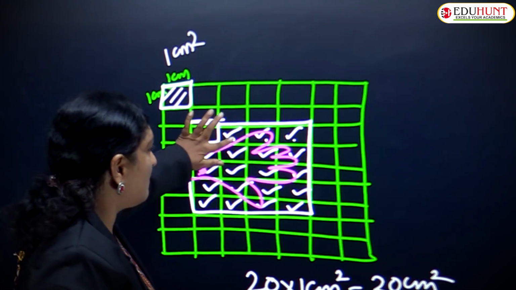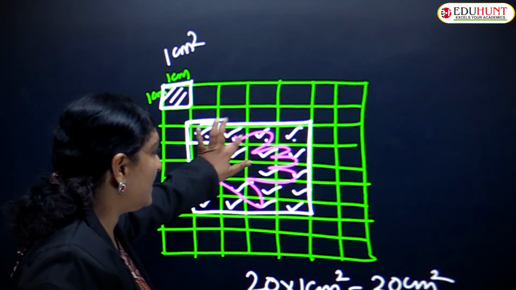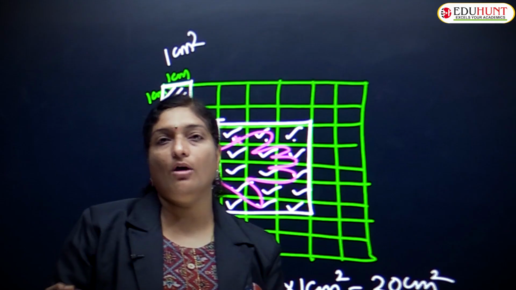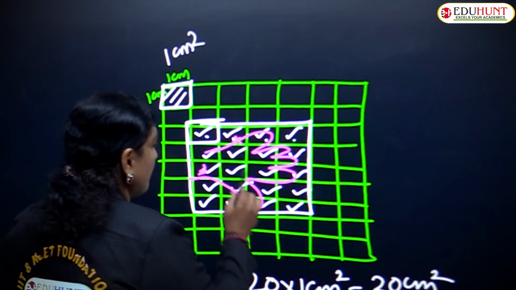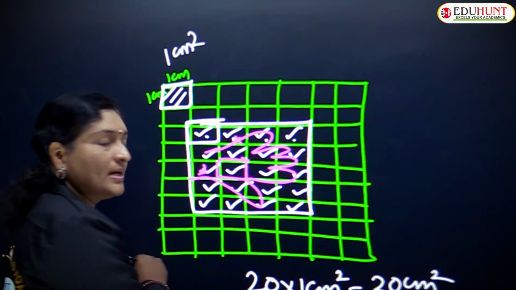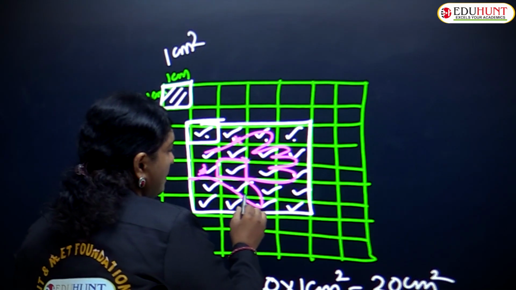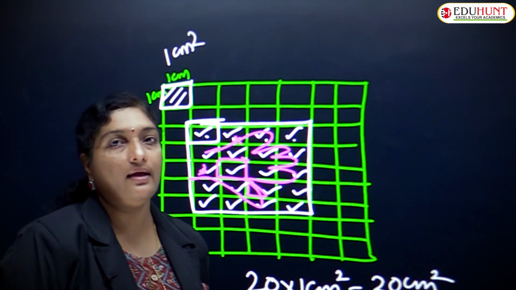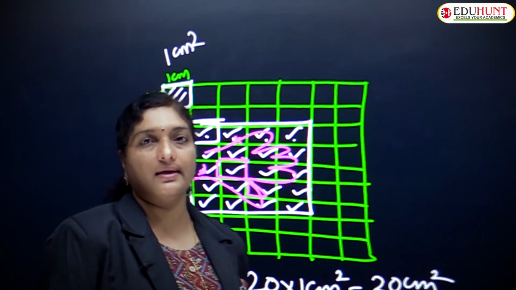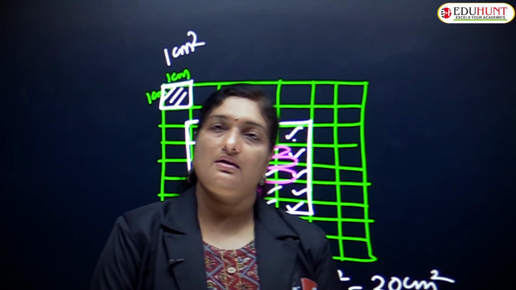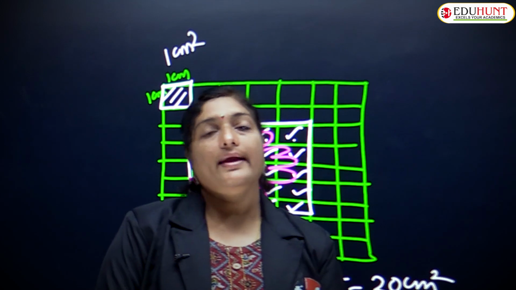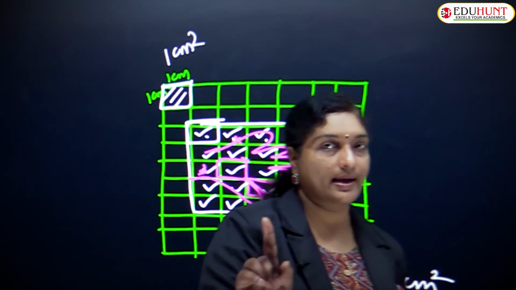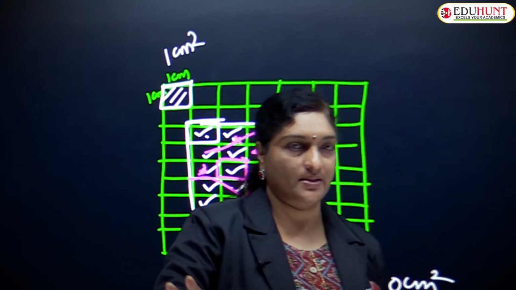If it is greater than half, count it. If it occupies the complete square block, count it as 1. If it occupies only a portion of it, count it as half. Total it, and you will get the complete surface area of the given object. So here we go with the numericals based on the surface area. So regular and irregular makes a difference.